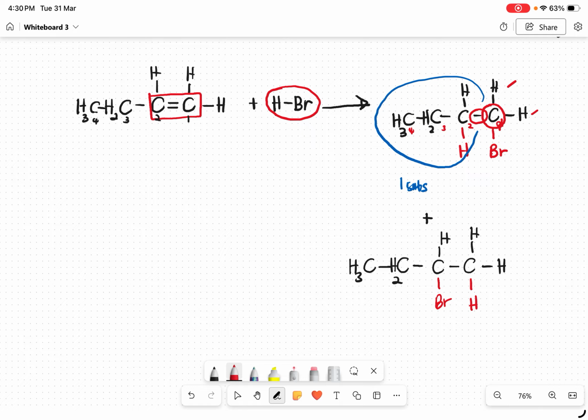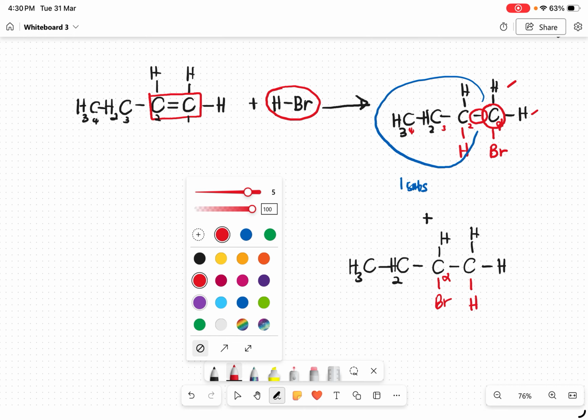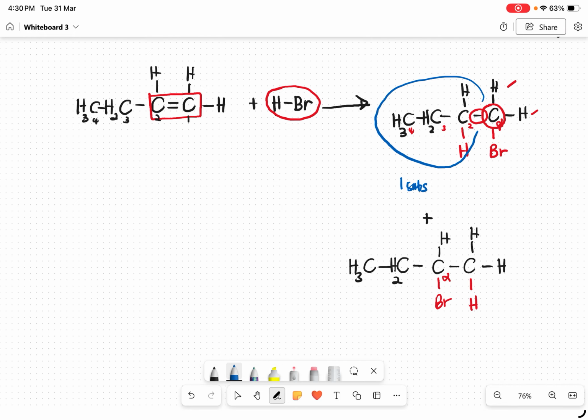So this is the alpha carbon. Now we look at the alpha carbon. How many substituents are attached? 1, 2, this is CH3, so only one hydrogen attached. Here there are 2 H, so we label it first. 2 substituents, 1 hydrogen.